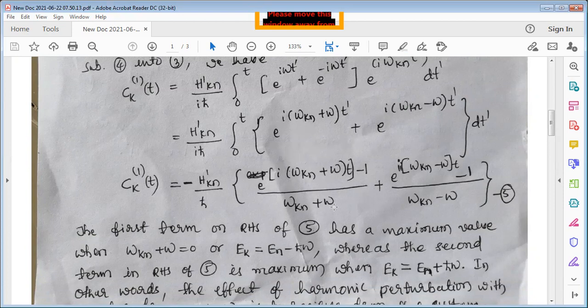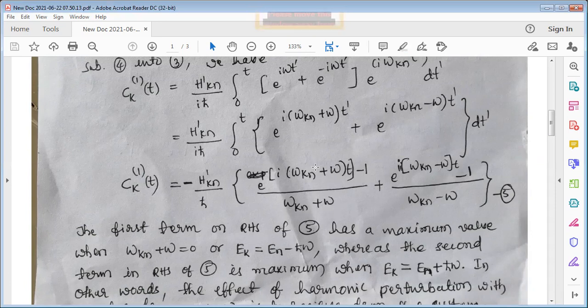That gives e raised to i times omega kn plus omega, into t, minus 1, divided by omega kn plus omega.